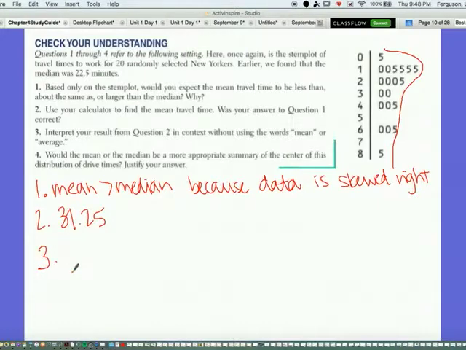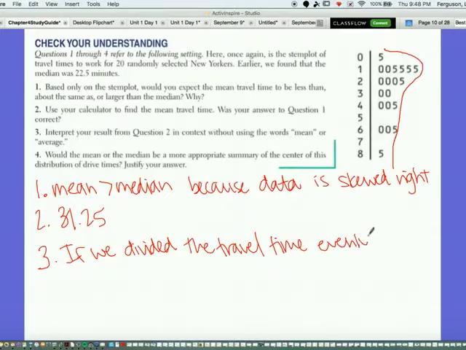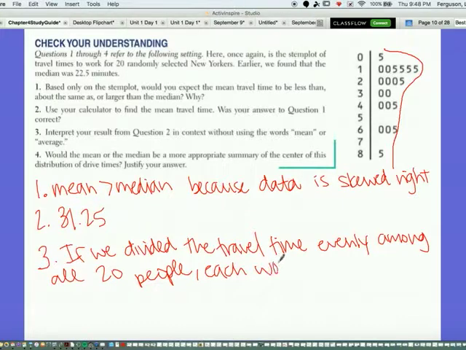All right, so the way that you would interpret your result from question 2 without using mean or average is you would say, if we divided the travel time evenly among all 20 people, each would have a 31 and a quarter minute travel time.